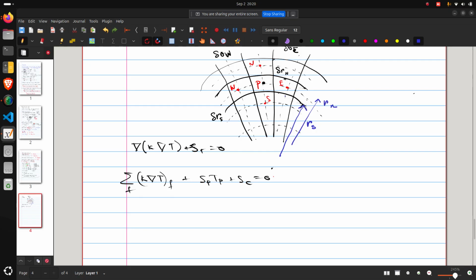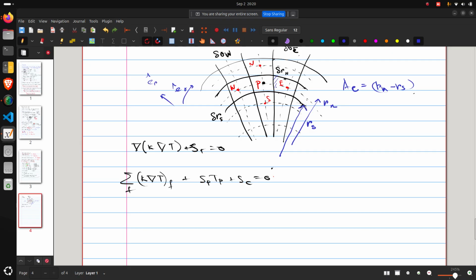So what will be the area now? The area of the east side, so A small e will be nothing but R small n minus R small s, right? And this is the E theta direction, and this is the ER direction, right?